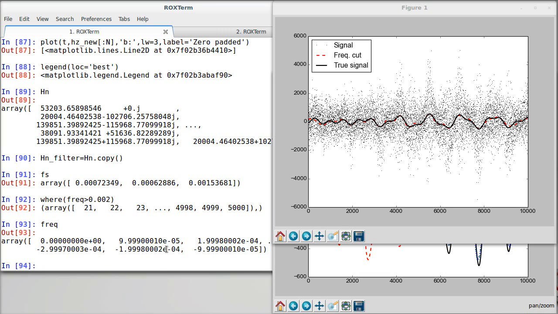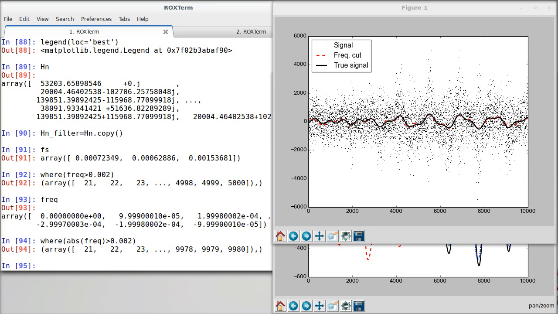So this is also not including all of these negative frequencies. What we really want is the absolute value of the frequency to be bigger than 0.002, and then we're going to want to cut these out.